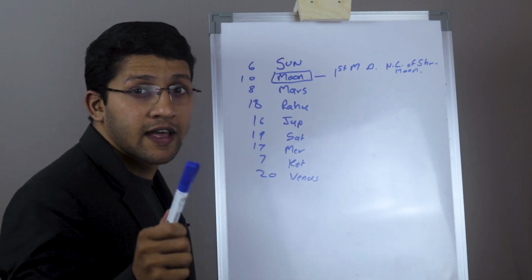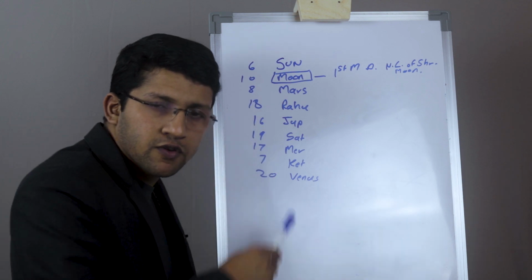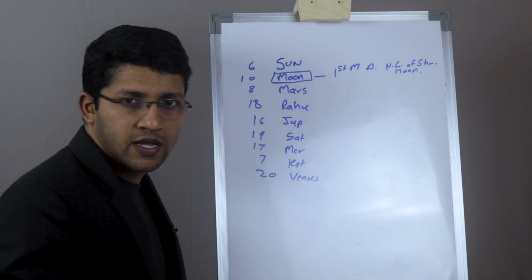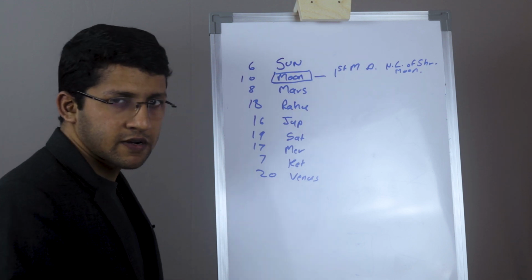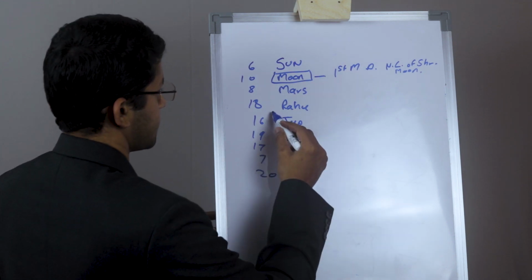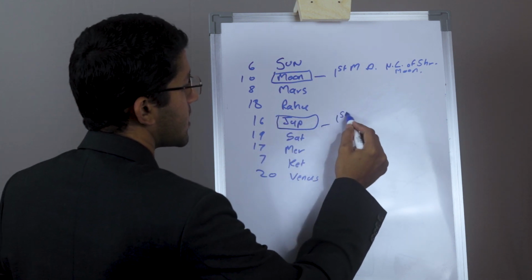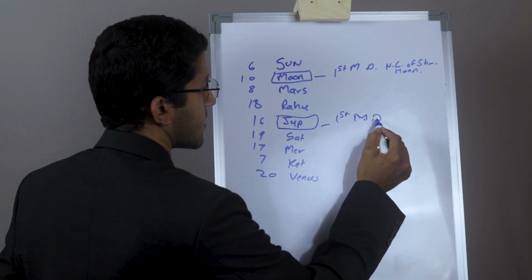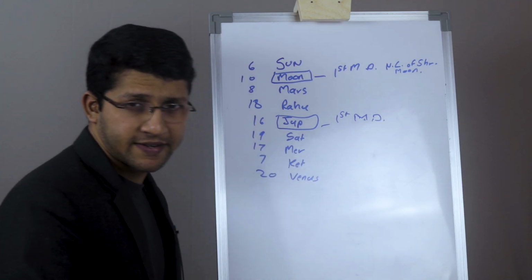Okay, and the second Dasha will be Mars, third will be Rahu, Jupiter, Saturn. He will follow this sequence. Suppose somebody is born in Vishakha nakshatra, which is ruled by Jupiter. So the first Mahadasha will be Jupiter. Why? Because Vishakha is ruled by Jupiter.